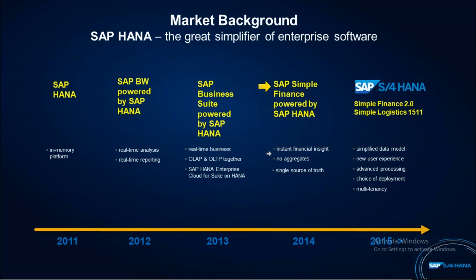So SAP started to accelerate the finance module on HANA, then simplify the finance module to make single source of truth available in one single box, and SAP started to make sure that the scalability was applied, and therefore later in 2015, the S4HANA was officially released with the finance module simplified and the logistics module simplified for the core ERP S4HANA on the HANA database.